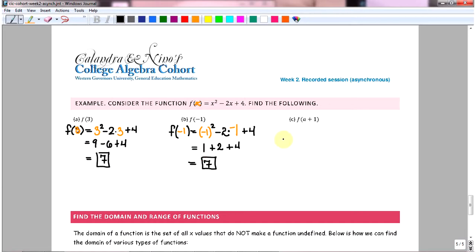Okay, for part C, even though we have something that looks a little bit more complex in the parentheses, you're still going to approach it the same way. Part C is telling me that everywhere I see an x in my equation, I'm going to put (a + 1) in its place. So instead of x squared, I'm going to have (a + 1) squared.